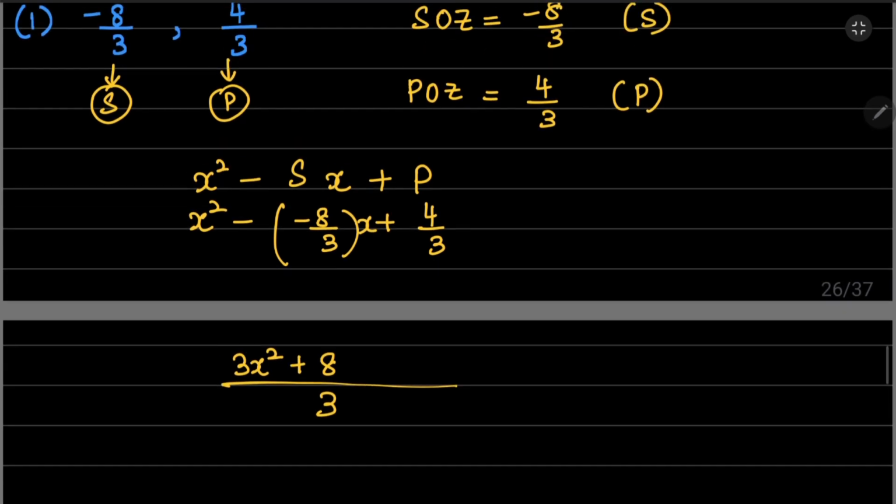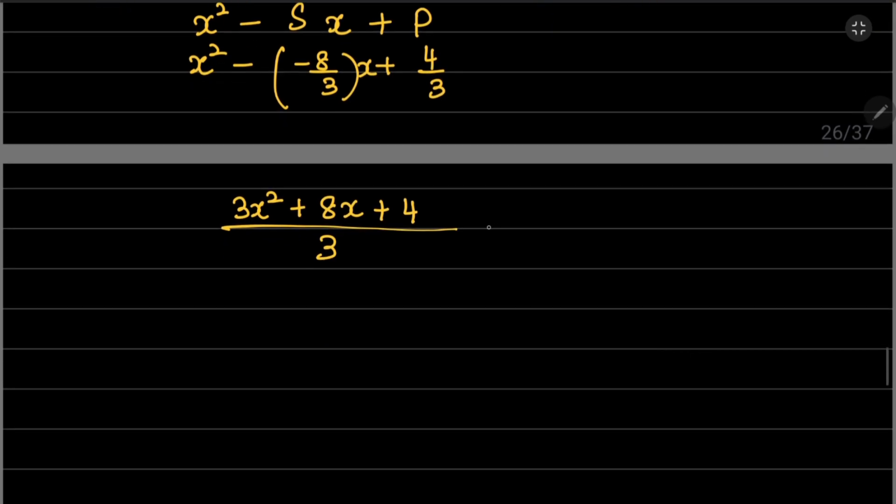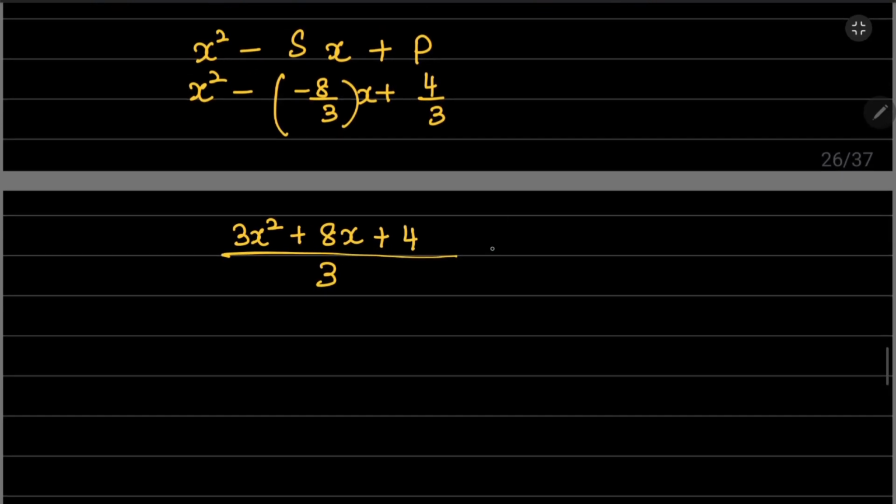In place of s, I have substituted minus 8 by 3 into x plus 4 by 3. If you take 3 as the LCM, you have 3x square, minus into minus is plus 8x, and then plus 4, equal to 0, because this is the polynomial.